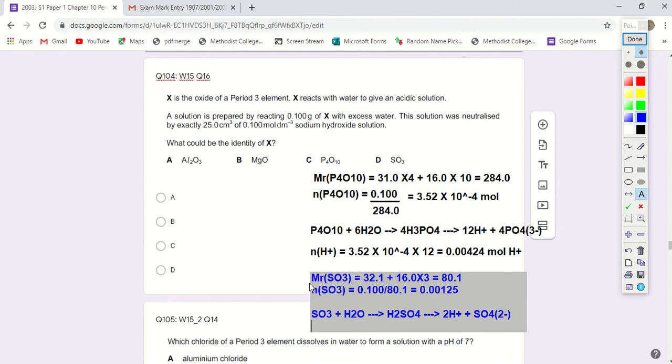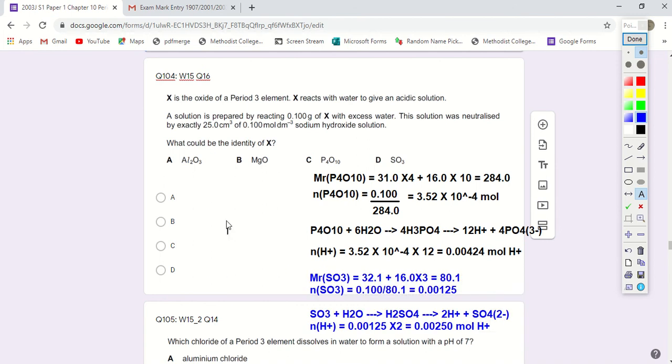Now, if the number of moles of sulfur trioxide is 0.00125, the number of moles of hydrogen ions produced by this amount of SO3 will be 0.00125 times 2. That's 0.00250 mole of H plus.